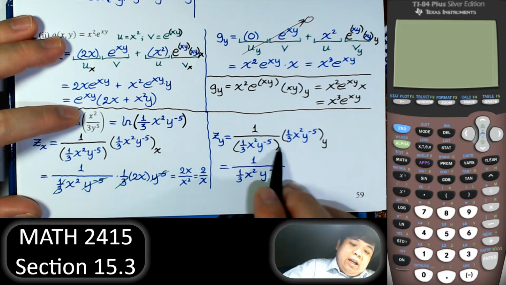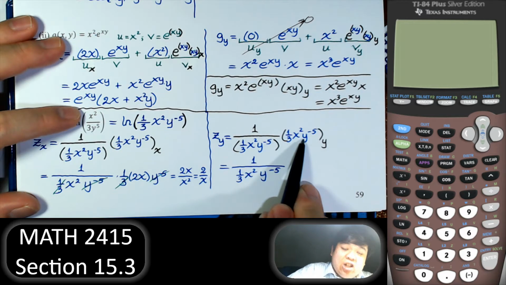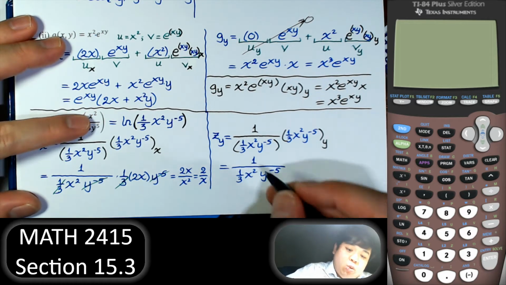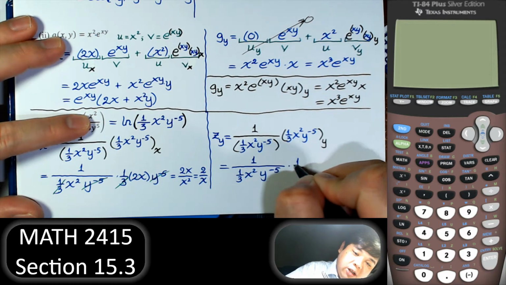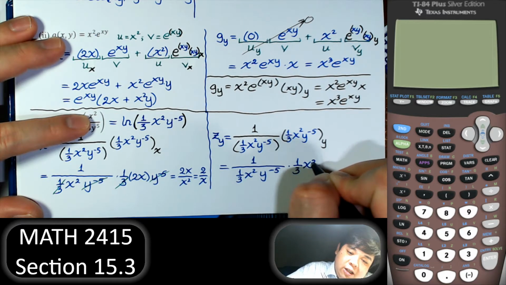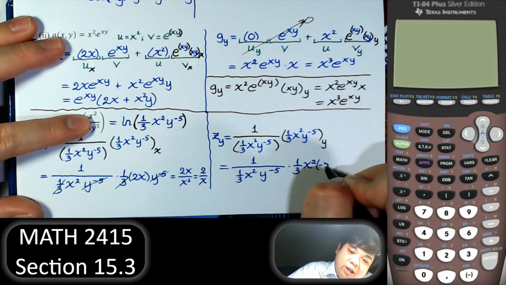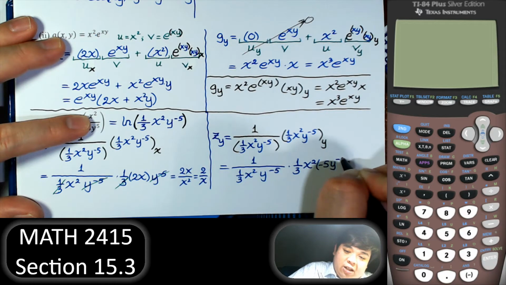And then with respect to y, that is a constant, and then I just need to take the derivative of this with respect to y. So it will be 1/3 constant, x squared constant, y to negative 5 will be negative 5, y to negative 6. That is the derivative of y to negative 5.